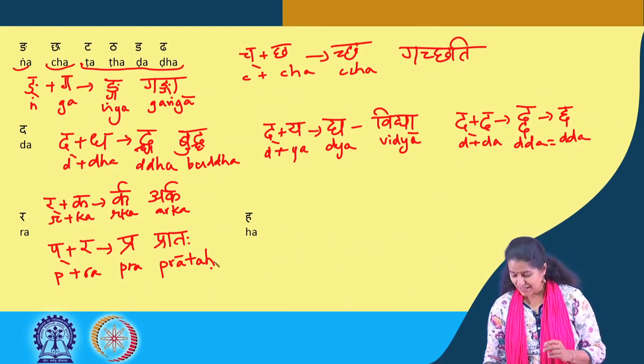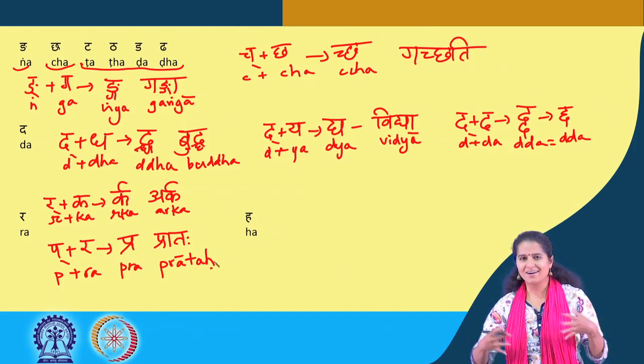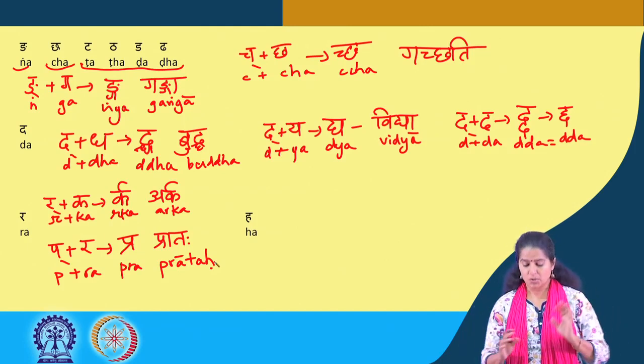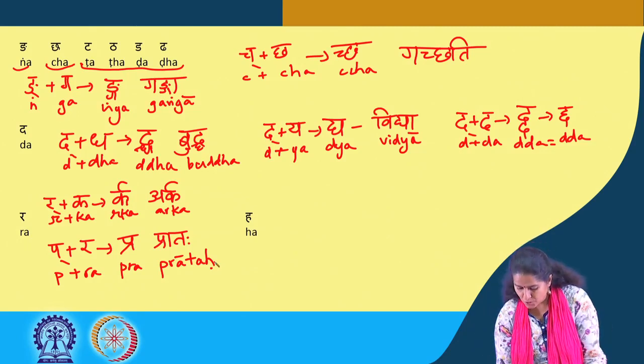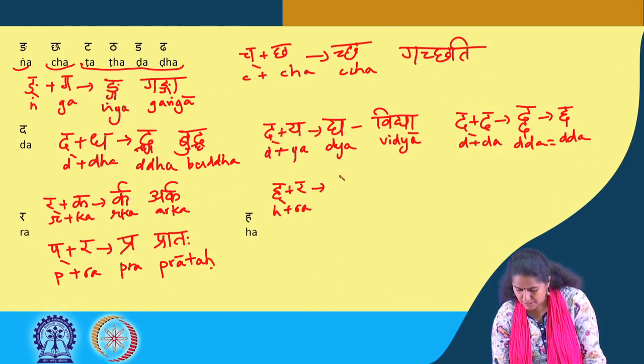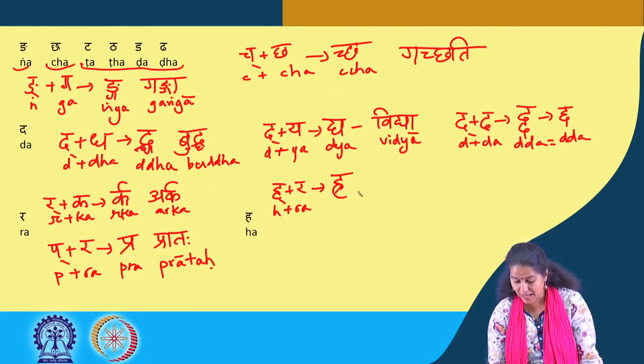Now, one of the last letters that we have here is the letter h, and h is a very motherly letter. It tends to take everything into its belly. If you have, for example, the combination of h plus r, as we have just seen, the r became that line across which comes inside the belly, and that becomes hr.